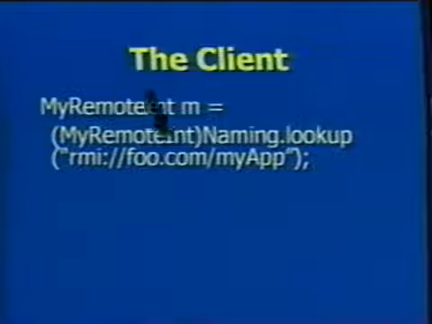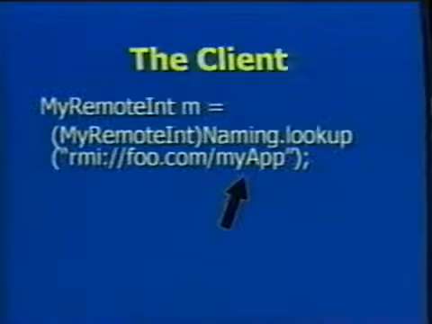We're calling the naming class its lookup method. That lookup method is passed a string that is a URL. In that string, we're telling it use the RMI protocol, talk to the machine foo.com, and on that registry server I want a reference to the app that's registered as my app.